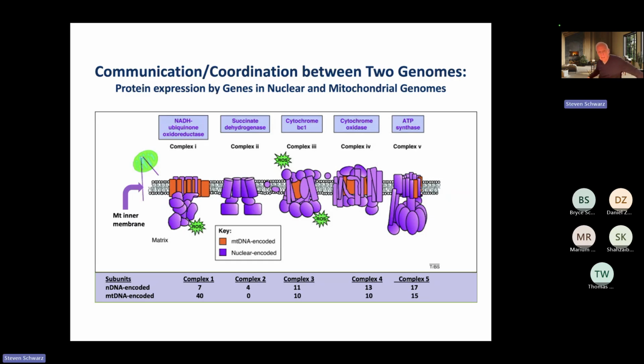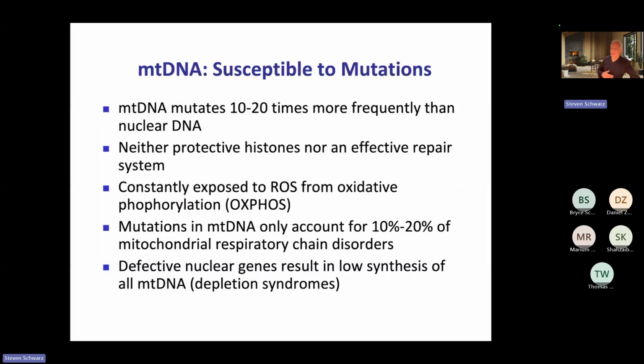This mitochondrial DNA is very susceptible to mutation, and it mutates 10 to 20 times more frequently than nuclear DNA. However, nuclear DNA is associated with protective molecules called histones, and there also is an effective repair system. This histone protection or repair system is absent from mitochondrial DNA.